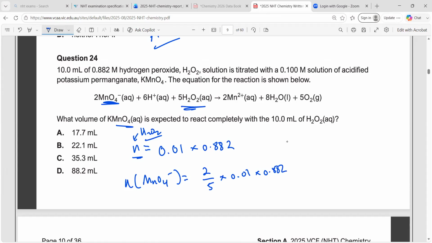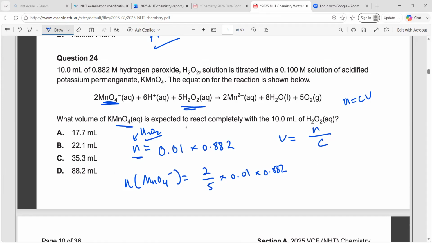Then to find the volume, n equals cV, so V equals n over c. We'll figure that part out later, but let's figure out the moles first.